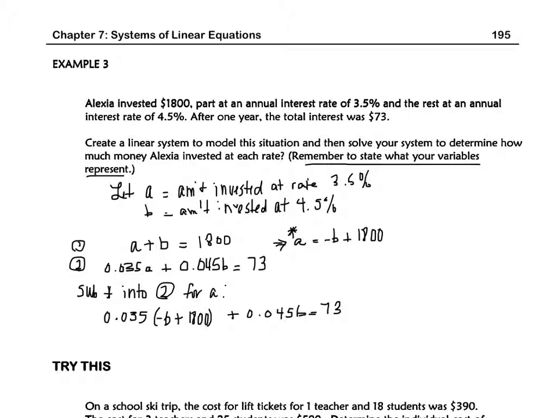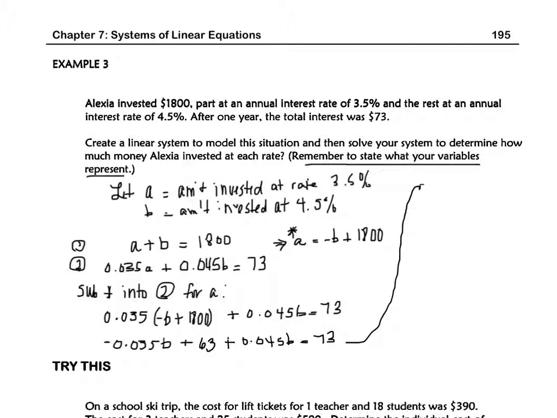So if we simplify that, that's going to give us negative 0.035B plus 3.5% of 1,800. So that's going to be 0.035 times 1,800 is 63. And then we still got the 0.045B equals 73.